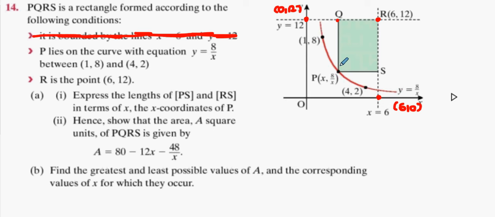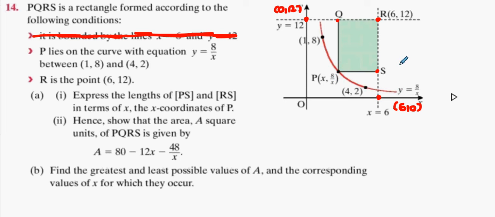Express the length PS, and let's just do it step by step. Express the length PS, which is P to S. Would you agree S has the same y coordinate as P? It hasn't moved, has it?